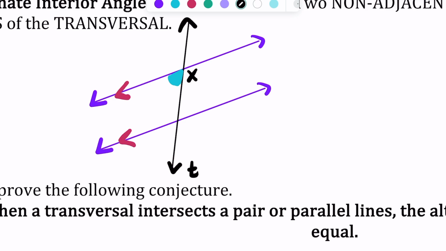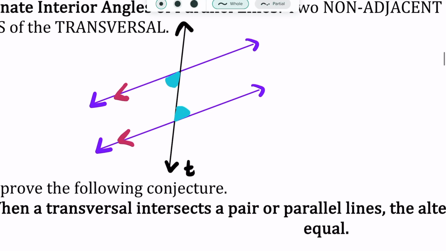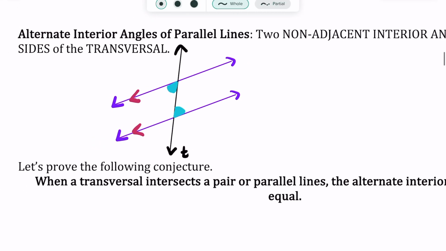My blue angle is on the left of the transversal, which means I cannot have another angle on the left, which means the other alternate interior angle I'm talking about here must be on the right. So these two angles will be alternate interior angles of parallel lines.